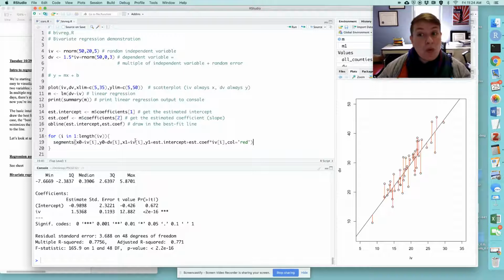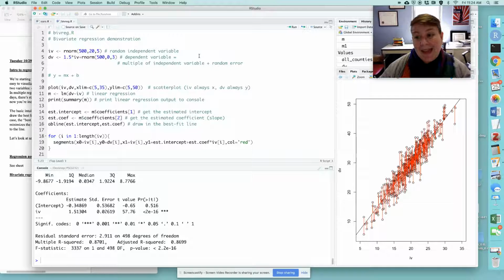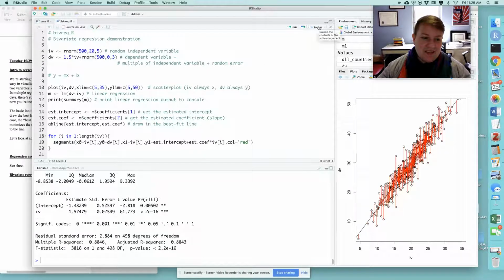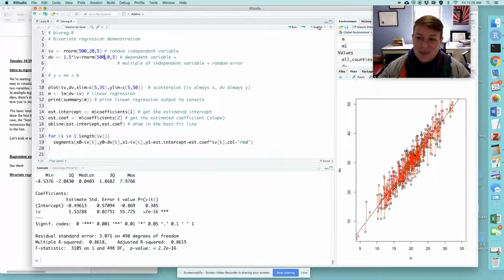If we were to have more observations, we would get estimated coefficients that are more similar to our theoretical values. So instead of 50, let's do 500 for funsies. That's a lot. But as you can see, the intercept is closer to 0 and the independent variable's coefficient is closer to 1.5. And that's really what's going on.